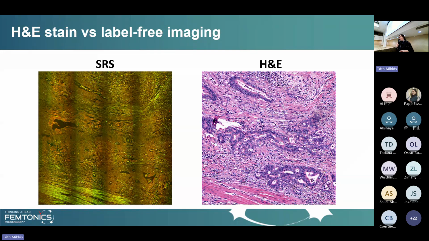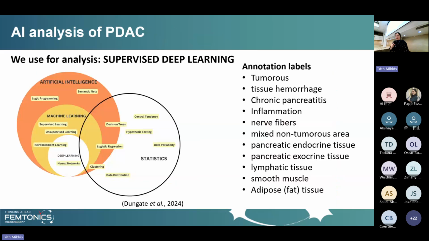What happens from here? Well, a hematoxylin eosin-like image is not possible to generate from these images, but the question still remains open whether we can teach or learn some morphological structures related to tumorous patterns with the raw SRS data.